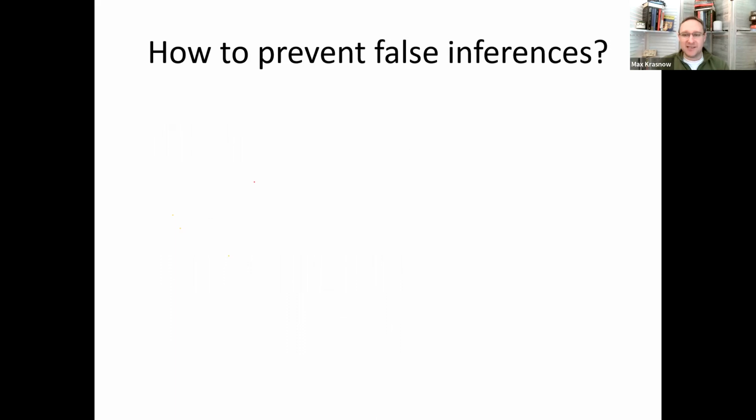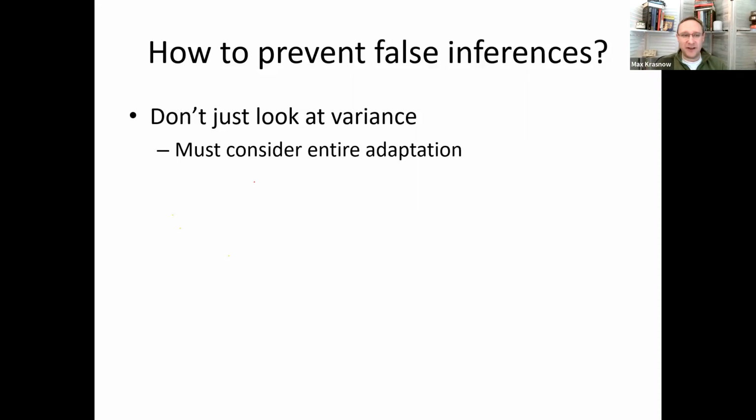So how do you prevent yourself from making these false inferences going forward, particularly when you leave this class? The challenge is to look beyond the variance in the trait. You have to consider the entire adaptation in which that variance is expressed. And when you do that, it's much easier to avoid those mistakes.